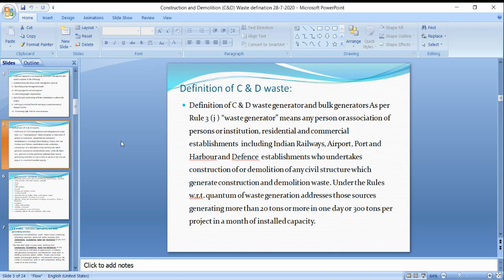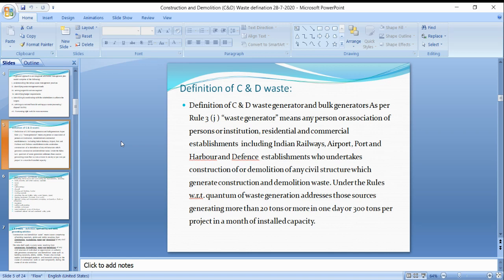So under the rules, with respect to the quantum of waste generation, bulk generators are those sources generating 20 tons or more in one day, or 300 tons per project in a month.